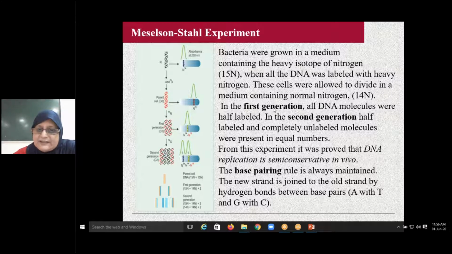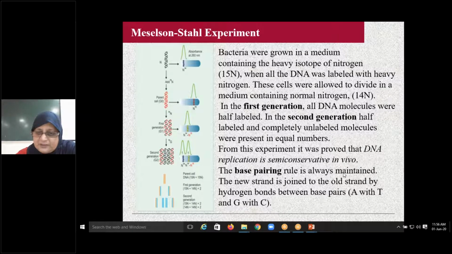In the first generation, it was found that all the DNA molecules were only half labeled. But in the second generation, half-labeled and completely unlabeled molecules were present in equal numbers. So from this experiment, it was proved that DNA replication is semi-conservative in vivo, and the base pairing rule will always be maintained.